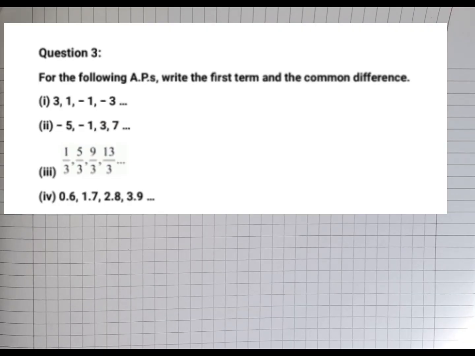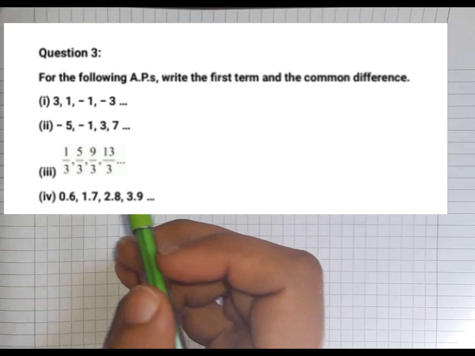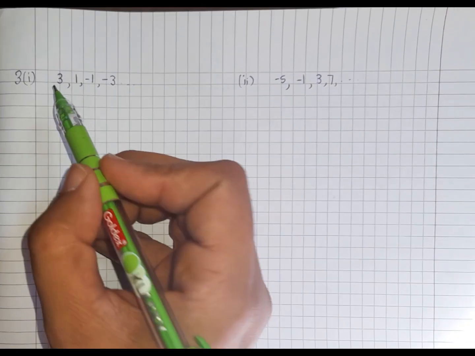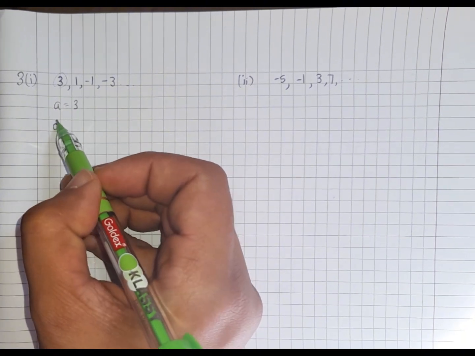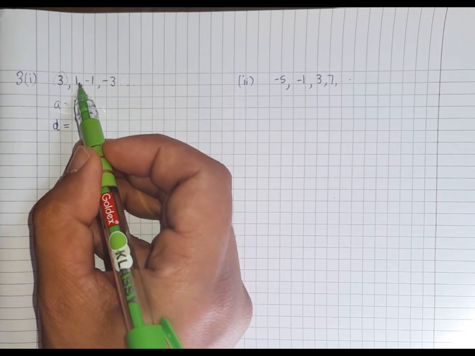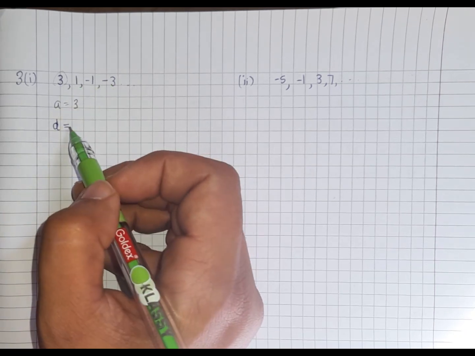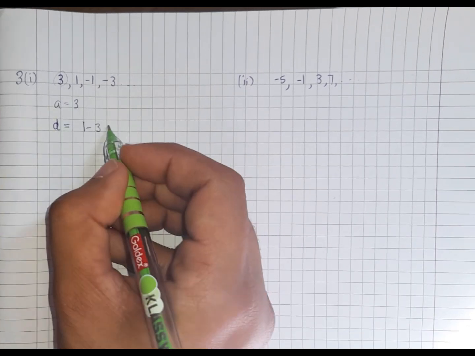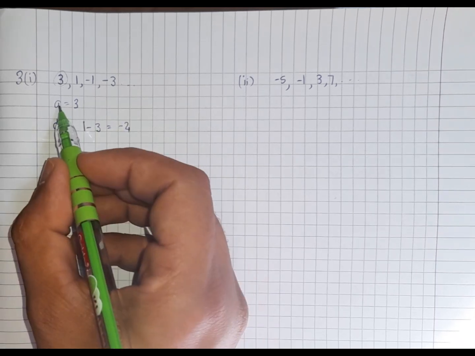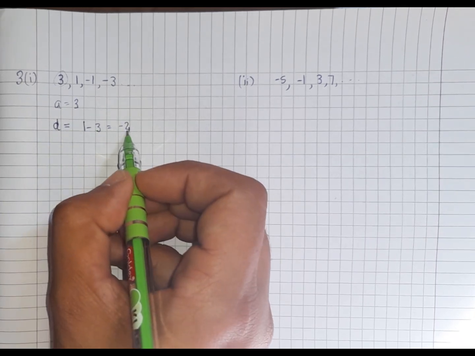Question number 3. For the following APs, write the first term and the common difference. So the first part is 3, 1, minus 1, minus 3 and so on. Here the first term equals 3 and the common difference is obtained by subtracting any two consecutive terms. So here D equals the second term minus the first term, that is minus 2. So the first term is 3 and the difference is minus 2.